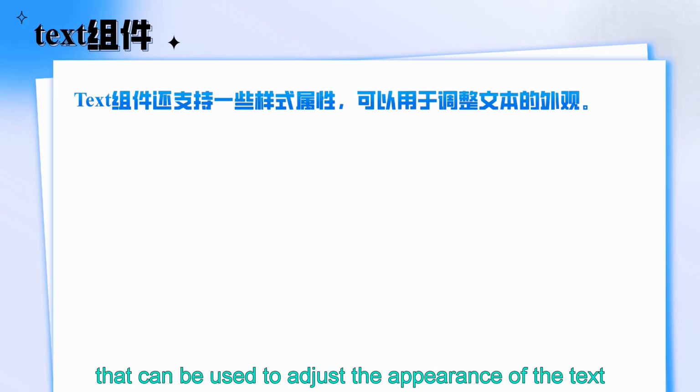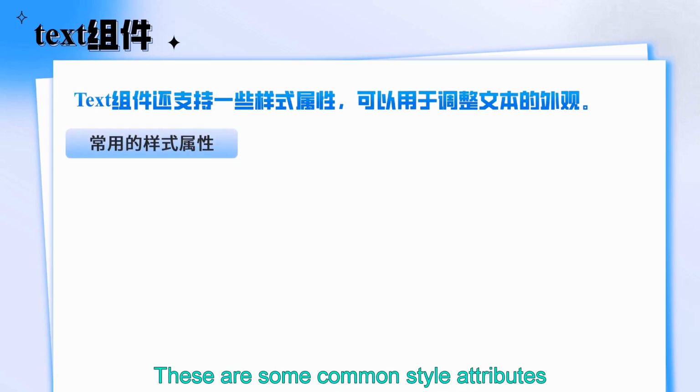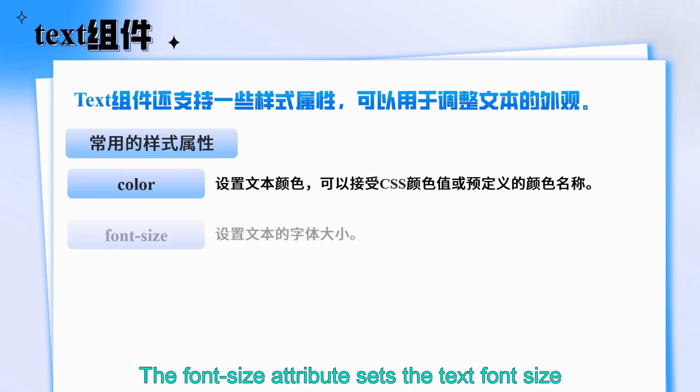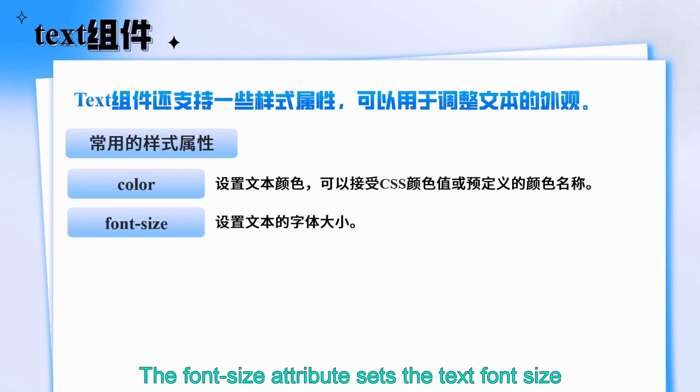The text component also supports some style attributes that can be used to adjust the appearance of the text. These are some common style attributes. The color attribute sets the text color. The font size attribute sets the text font size.